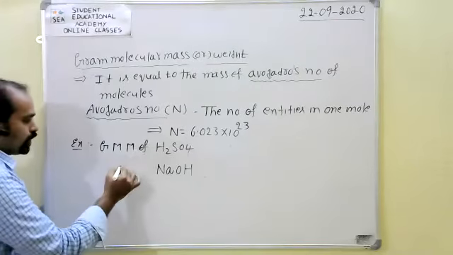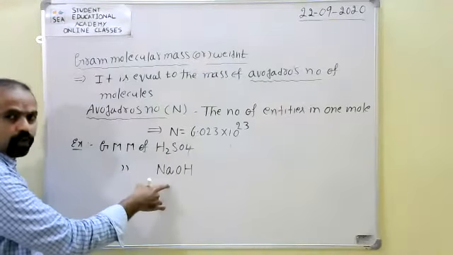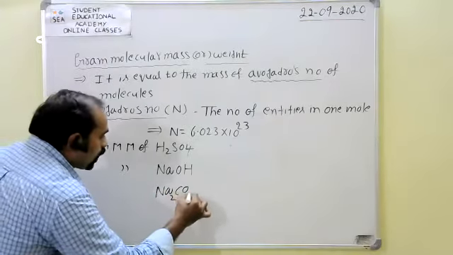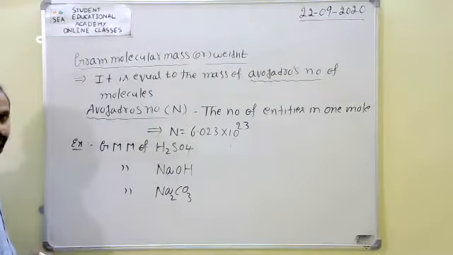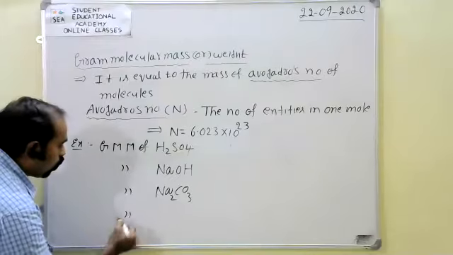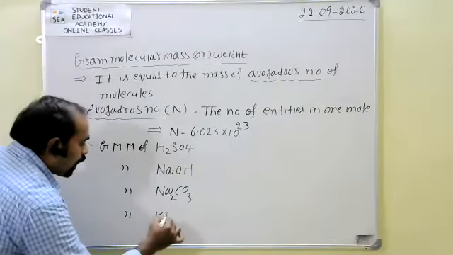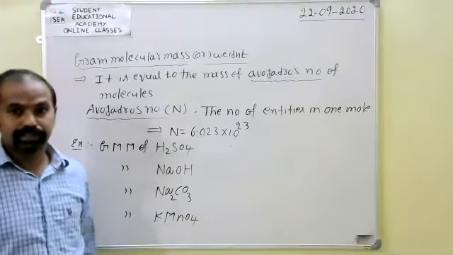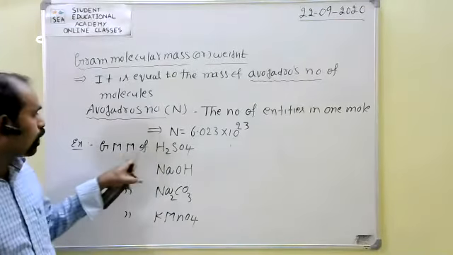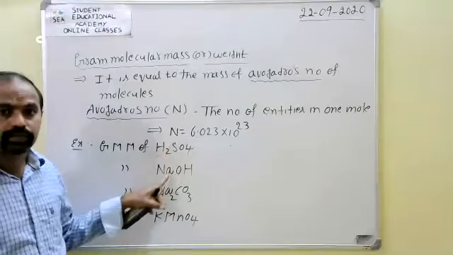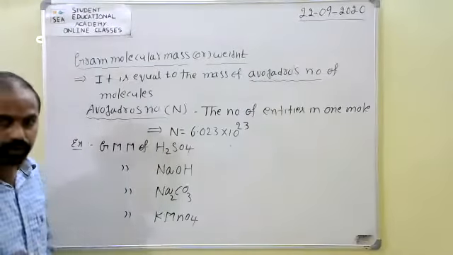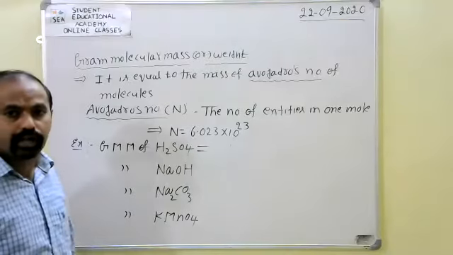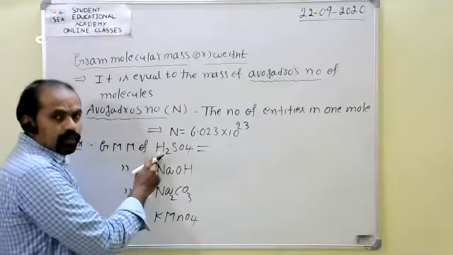I have taken one example acid, one example base, and one more salt, sodium carbonate, and one more KMnO4, potassium permanganate. So here, what are the gram molecular masses of given substances or given molecules? Okay, say that. What about sulfuric acid, gram molecular mass?